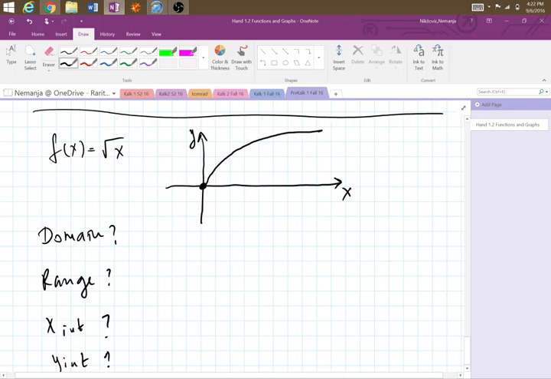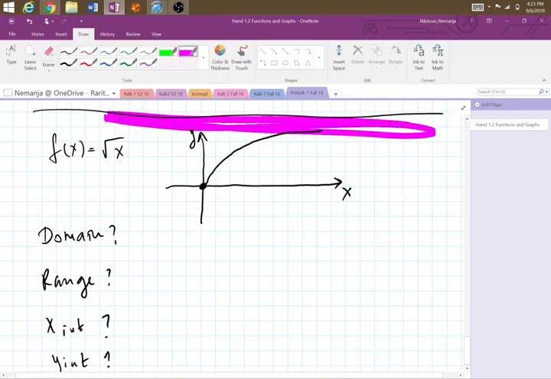Now, there are 2 ways that are easy to understand, I hope, to figure out how to do these things. The first way would be, imagine that there is a light all the way over here above the function, on the ceiling right here, and it's shining down.